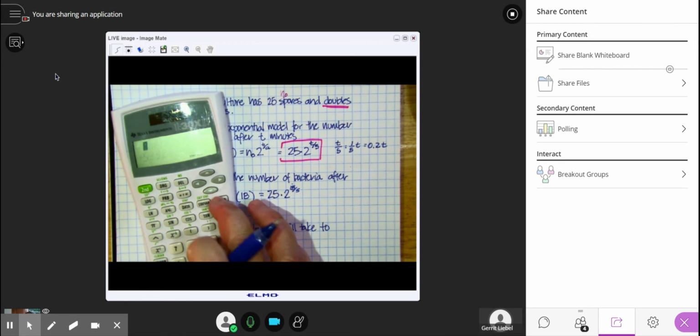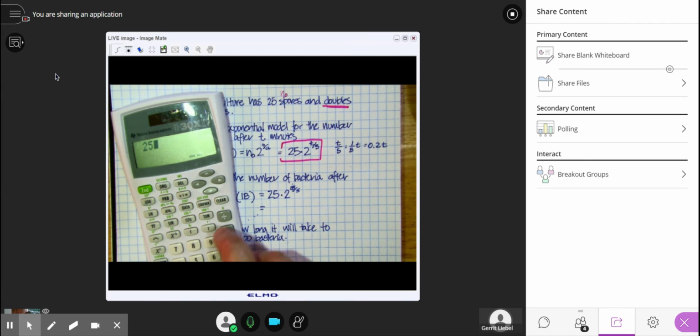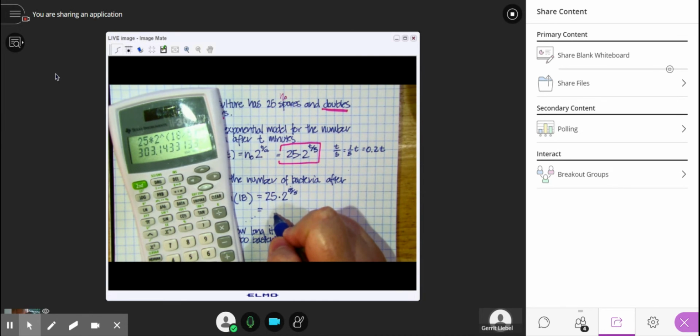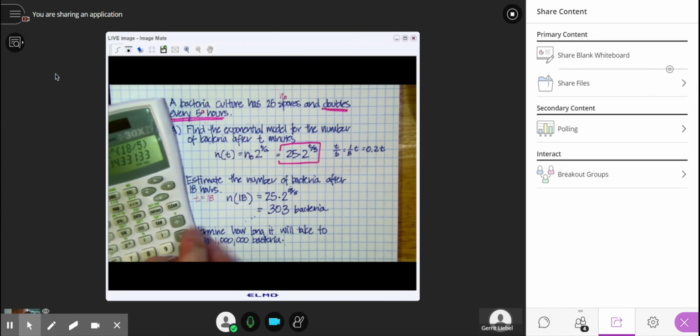Familiarity with your calculator is what's going to help you here. 25 times 2 to the, I'm going to do 18 divided by 5 right there on my calculator. And I get 303 bacteria. So after 18 hours, not quite a day, there would be about 303 bacteria.